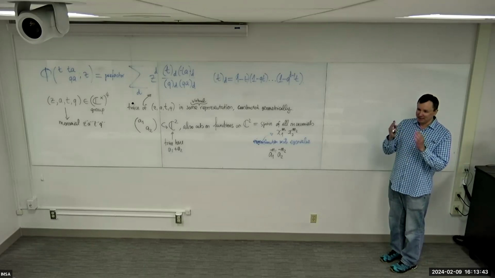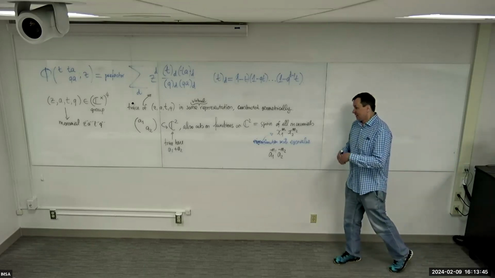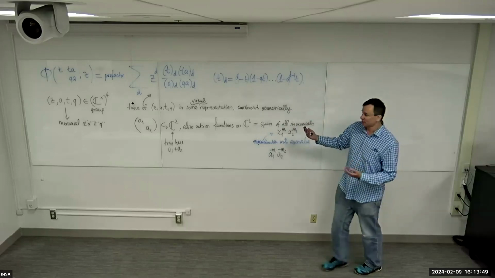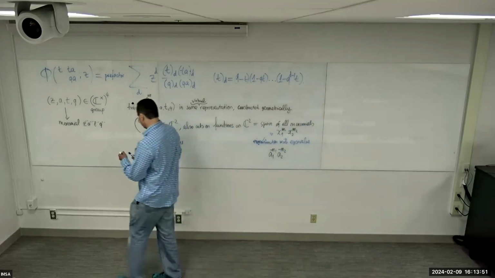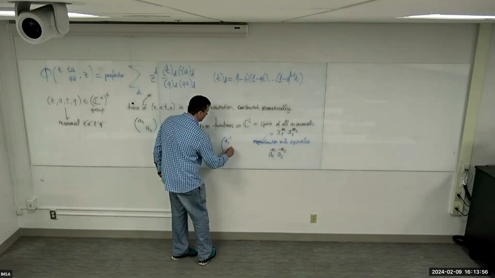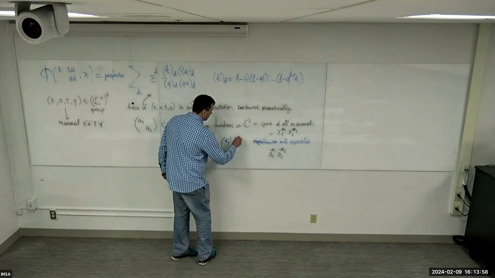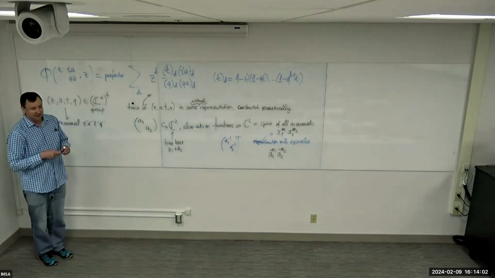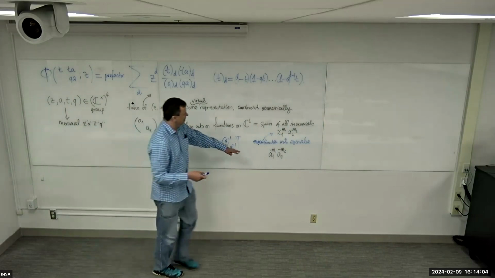So if my element acts in a representation by a matrix like this, it acts in the dual representation on functions, well, in general by transpose. It has to act by A1 inverse, A2 inverse transpose, well, the transpose is going to be the same, but in general, that's how I can do representation. So it's minus.